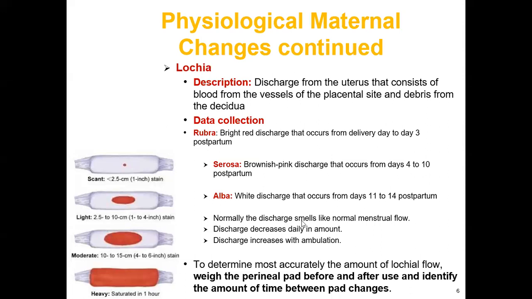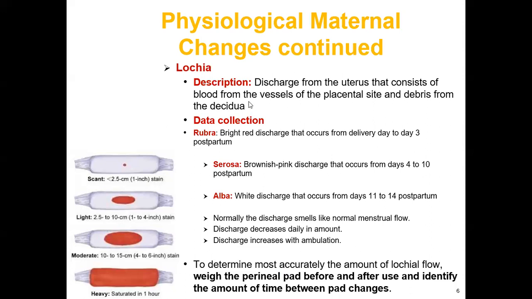Normally the discharge smells like normal menstrual flow, and the discharge decreases daily in amount and increases with ambulation. As I told you, in the first 1 to 3 days, if the mother reports 4 to 8 pads wet per day, that is normal.